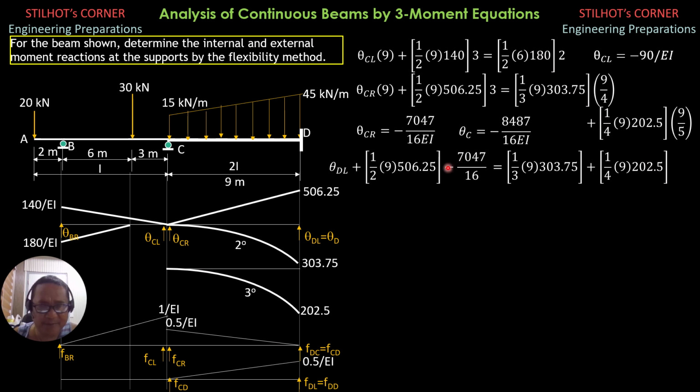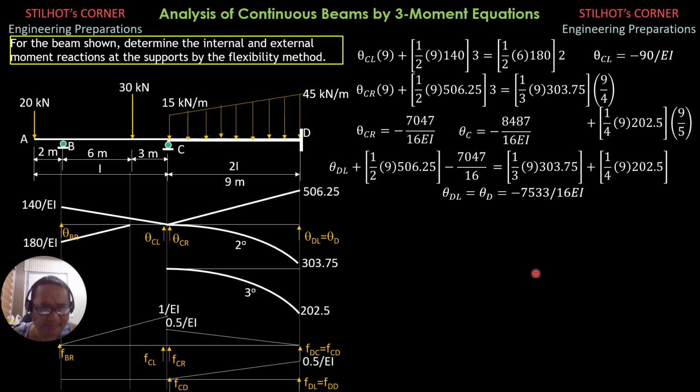Simplifying, by the way, theta D left plus this area plus theta C right. Theta C right is negative 7047 over 16. Then equals these two areas here below. So theta D left, which is theta D, is equal to negative 7533 over 16 EI.